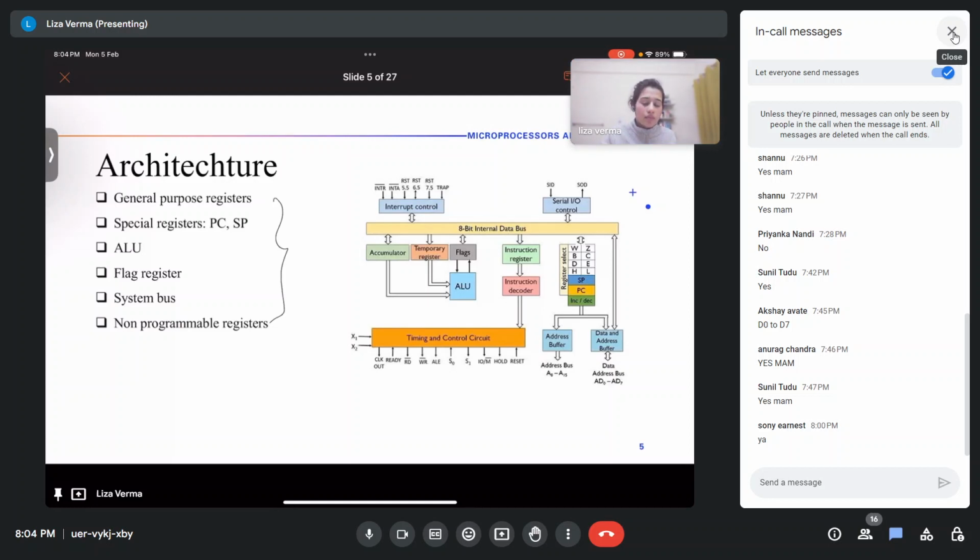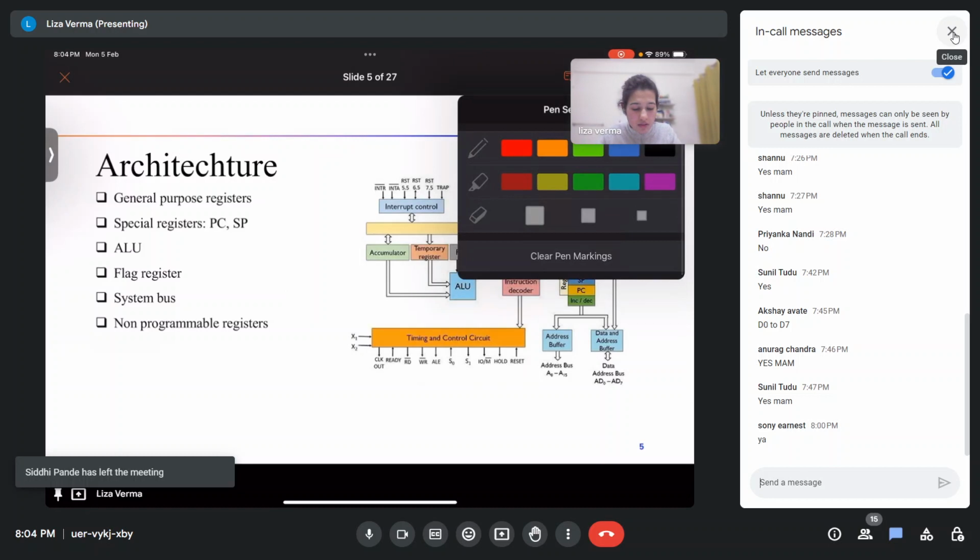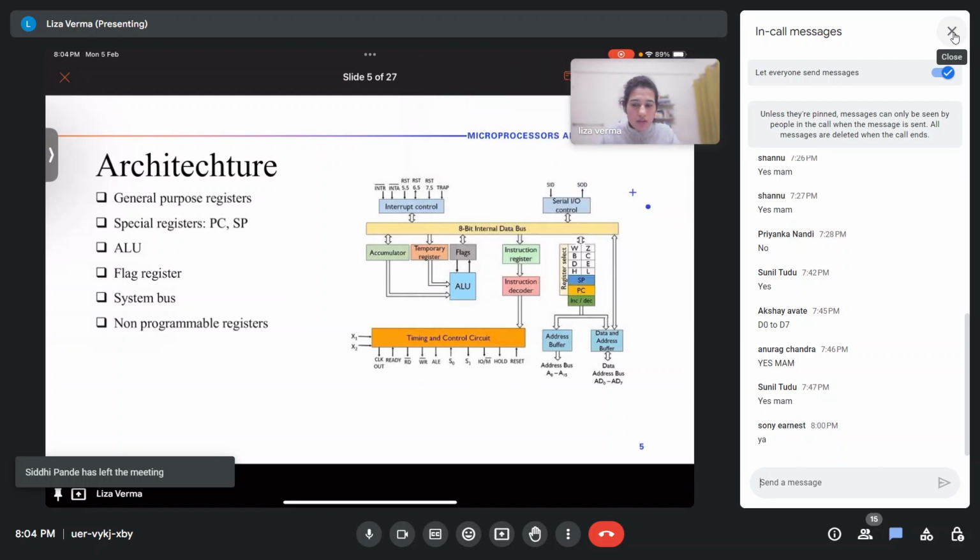Madam, stack pointer will hold the address when we execute any loop. When we finish that loop, it will go back to that previous address. Okay, so basically, stack pointer will point to the address of the top of the stack. You know what a stack is, right? Yes.